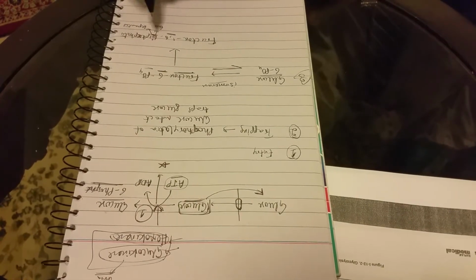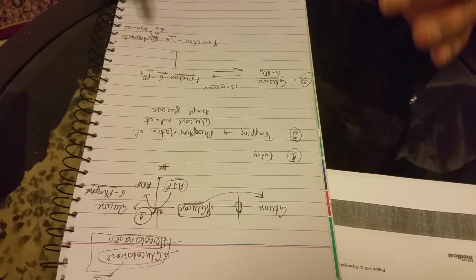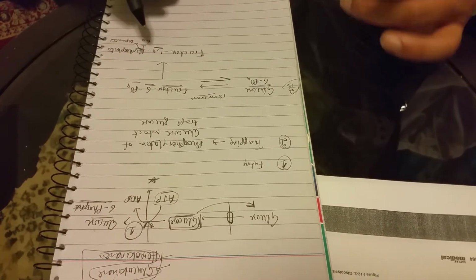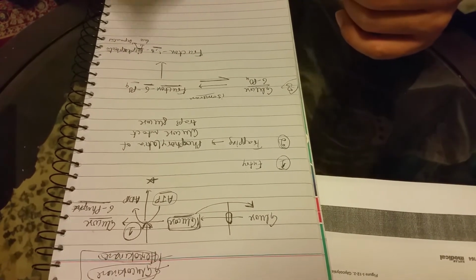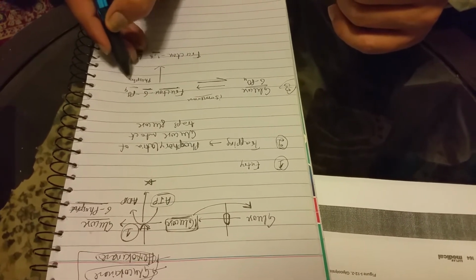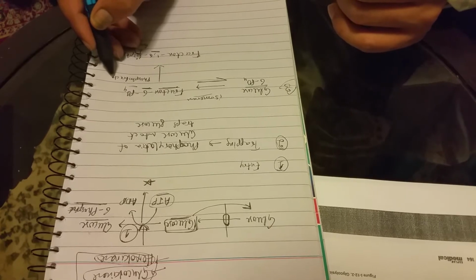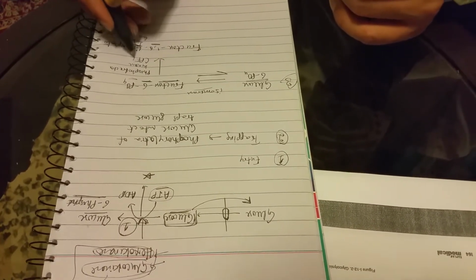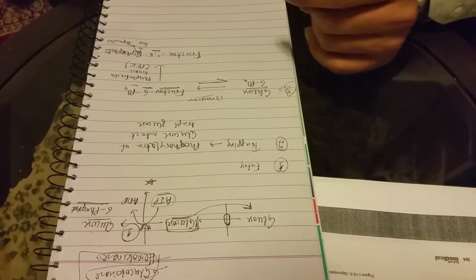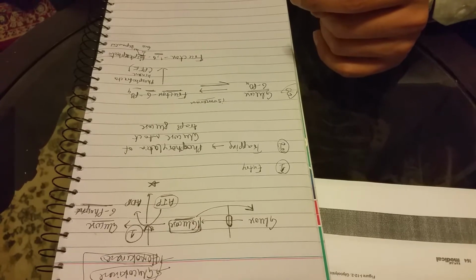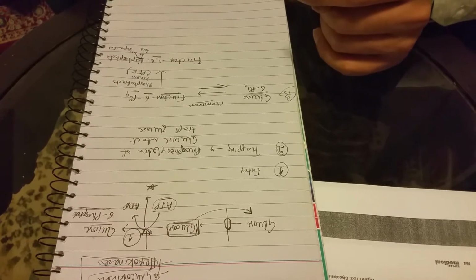It is phosphorylated, so which enzyme is there? Kinase. The enzyme is called phosphofructokinase, also called PFK. It's not JFK. You know JFK? It's an airport in America. But here this is PFK.